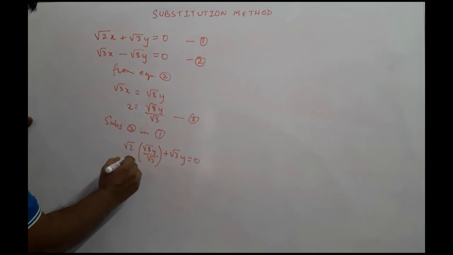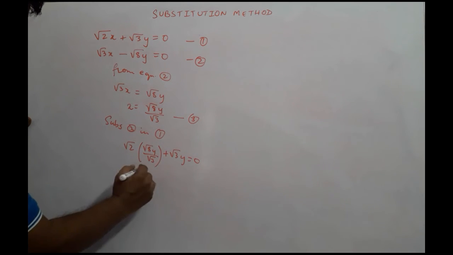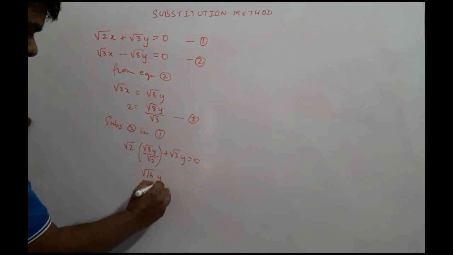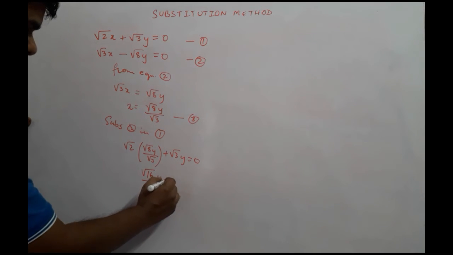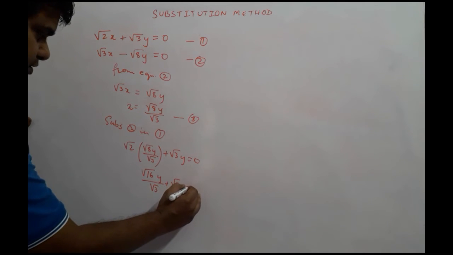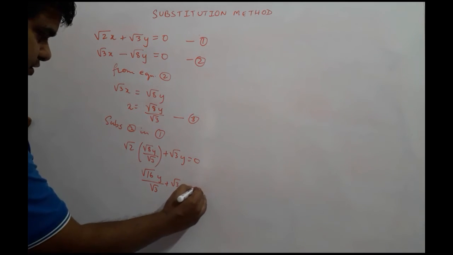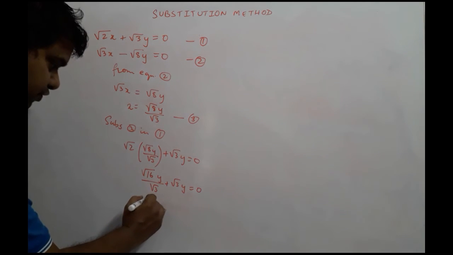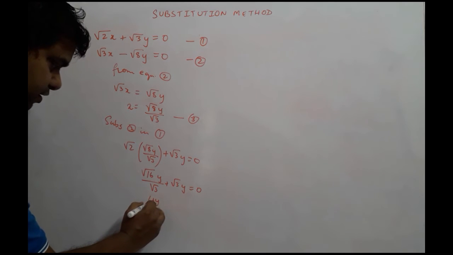Root 2 can be multiplied with root 8, that will give us root 16 y, whole thing upon root 3, plus root 3y equal to 0. The square root of 16 is 4, so we can write this as 4y.